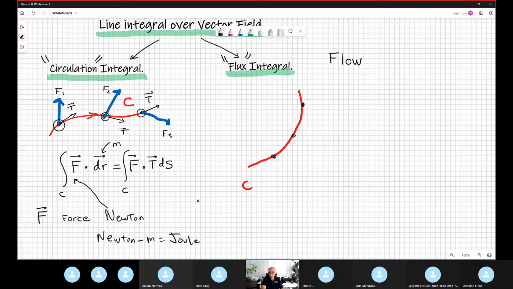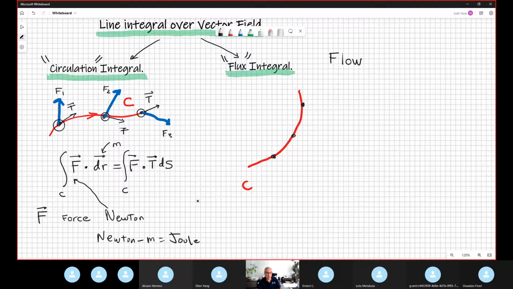Maybe it's water, maybe it's an electric field, maybe it's whatever you want, passing through the surface. Maybe bananas. Suppose the bananas passing through the display of the Publix is a flow. It's a flux.